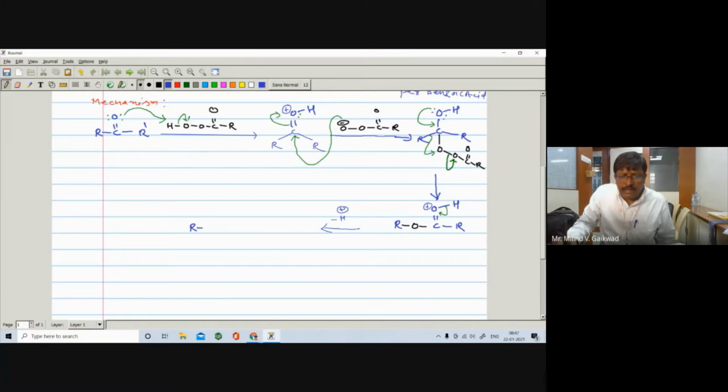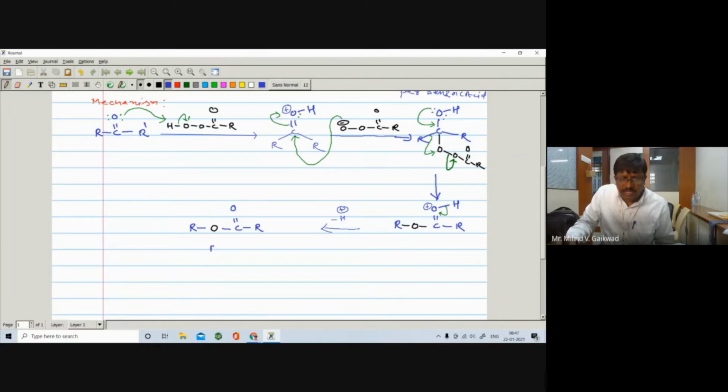It undergoes rearrangement. This oxygen is coming from the per acid, and the remaining part as it is, C double bond O and R, right? So in this way, it gives the corresponding ester.